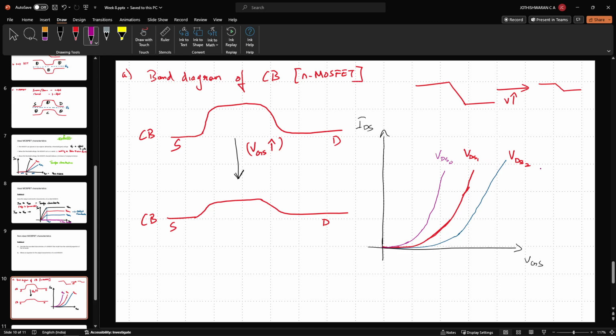So I have VDS0, VDS1, VDS2, and all of them will have different thresholds. The threshold voltage is no longer a unique point, which implies the device can turn on and turn off not at a fixed value, but at a slightly broadened range of voltages, which implies the switching behavior is no longer accurate.